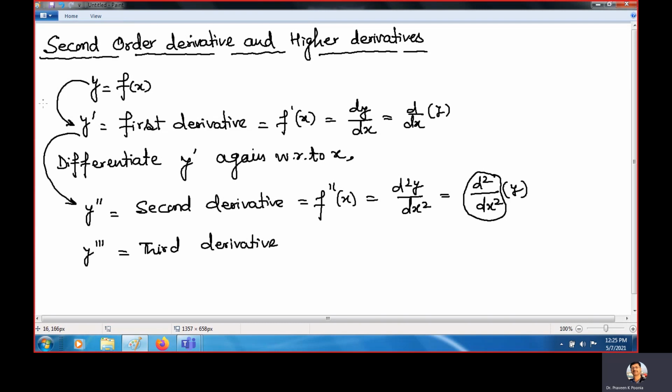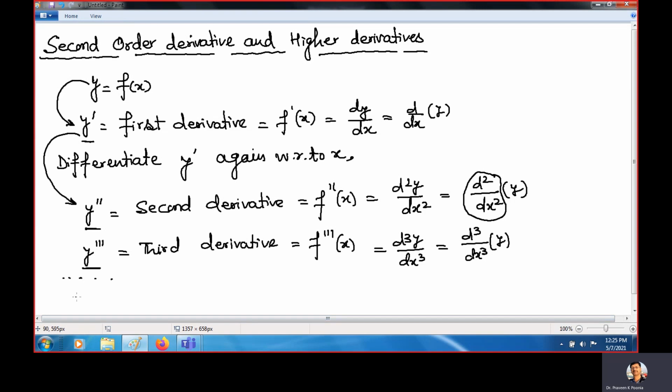First we will find y dash, then again differentiate, you will get y double dash, again differentiate, you will get y triple dash, and it is f triple dash x, and it is equal to d3y upon dx3, and this d3 upon dx3 is the notation for the third differential coefficient or third derivative.